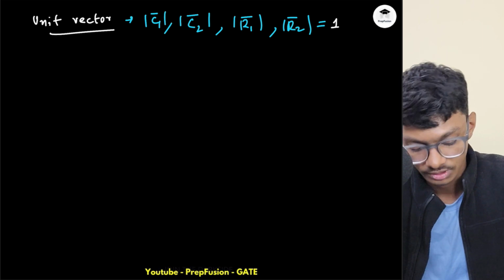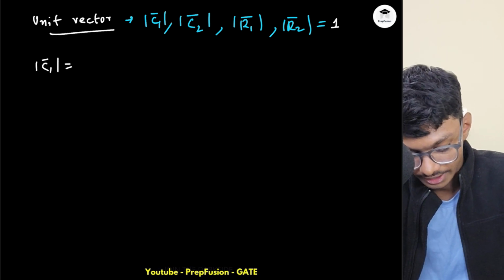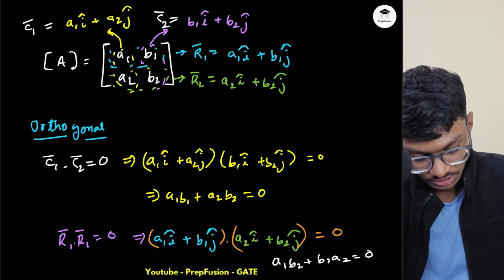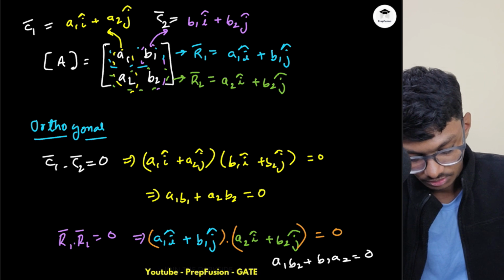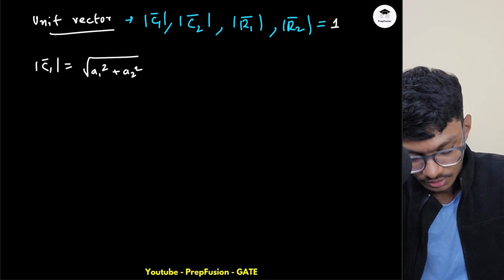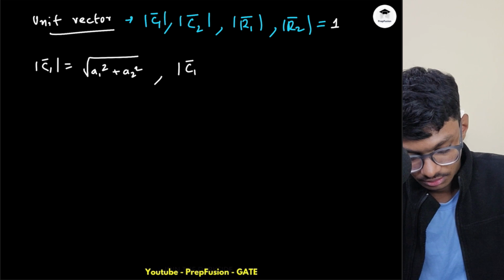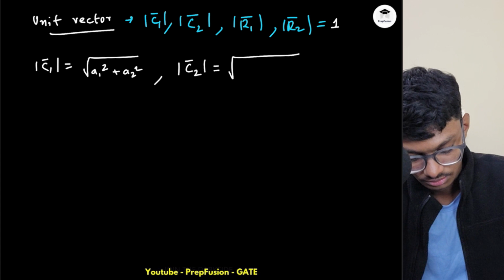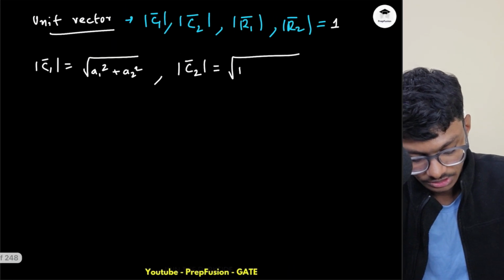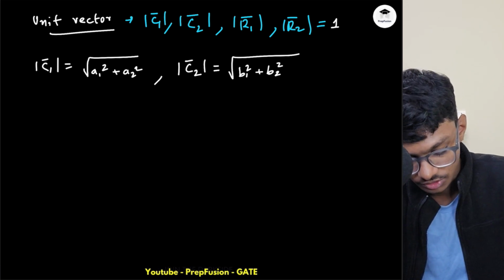So what is the magnitude formula? Magnitude of c1 is under root a1 square plus a2 square. Then magnitude of c2 equals b1 square plus b2 square, which is equal to 1 itself.